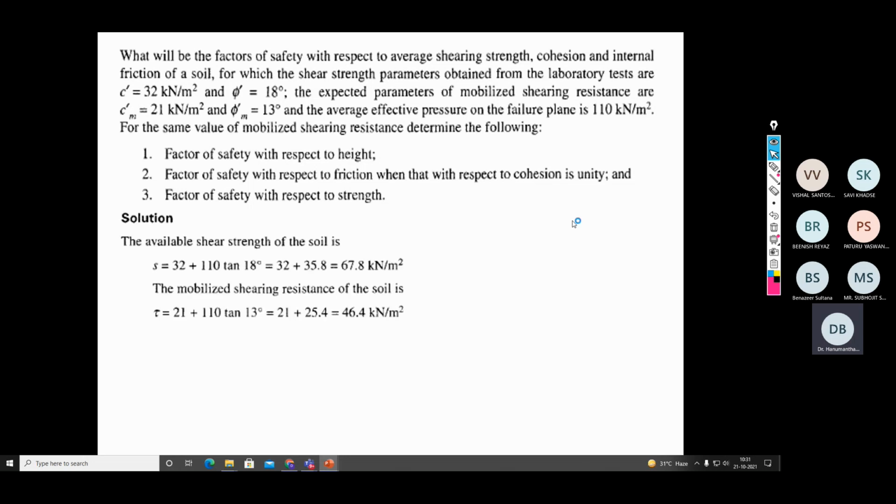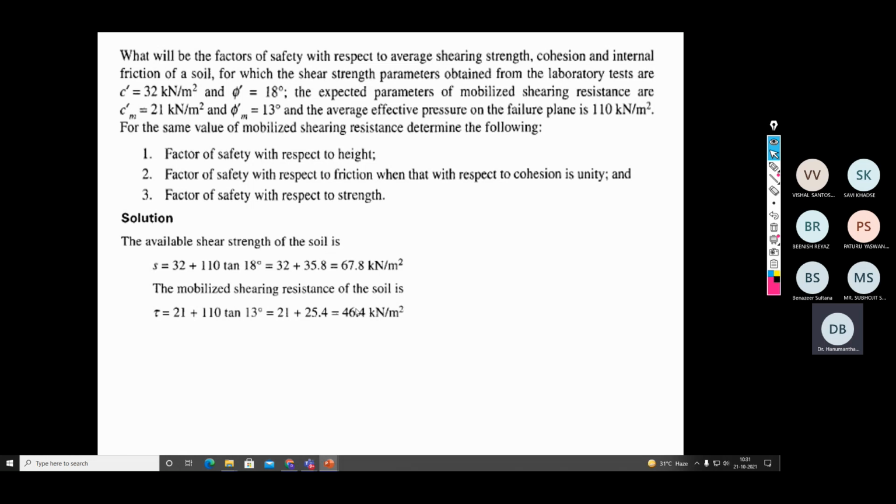So let me show. First, the available shear strength of the soil under ultimate condition is tau equals C dash plus sigma dash tan phi dash, that is 67.8 kilopascals. But the soil mass starts developing the incipient condition of failure when the mobilized shear resistance reaches 46.4 kilopascals.